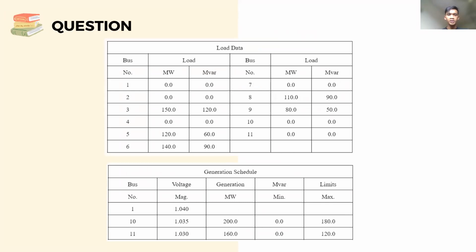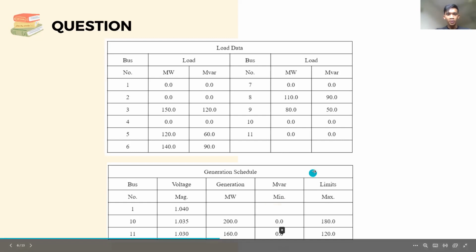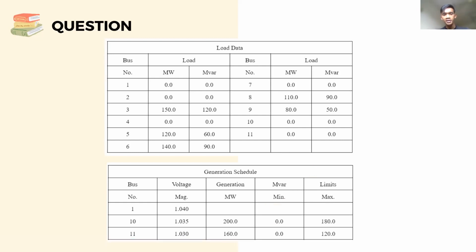Okay, so this is the table for the load data, which has the bus numbers from 1 to 6, and then the load. And then for the generation schedule, which includes bus numbers 1, 10, and 11, the voltage generation, MVAR, and also the limits.